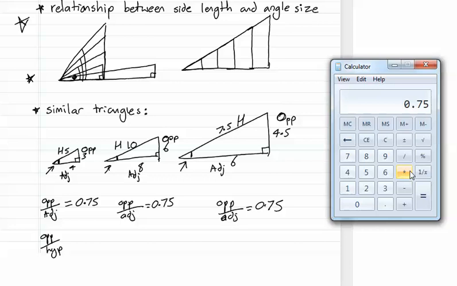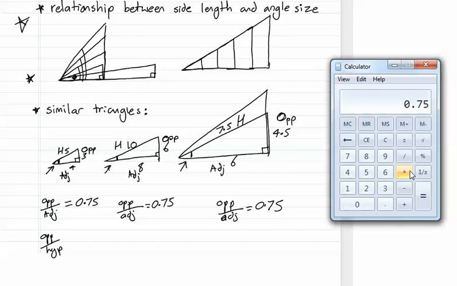If I changed the size of the angle, remember what we discovered before, the length of the sides changes, as I just did here in the large one, and so the ratio would change as well.